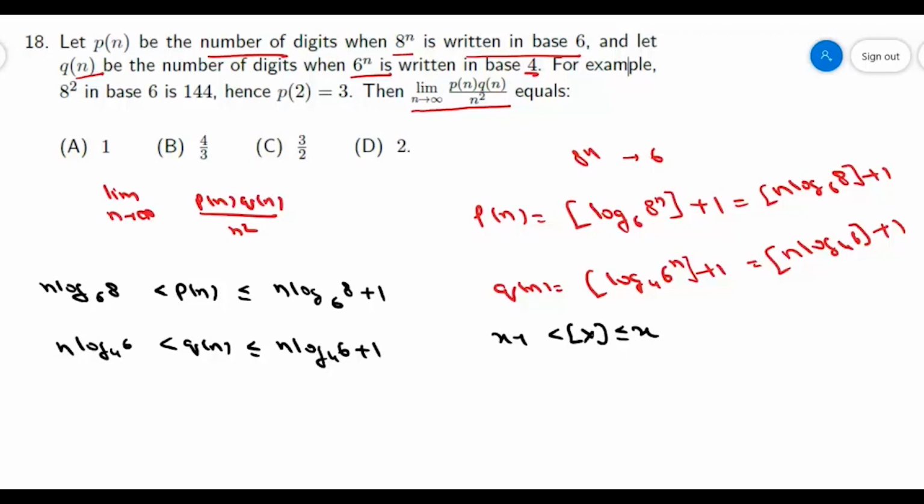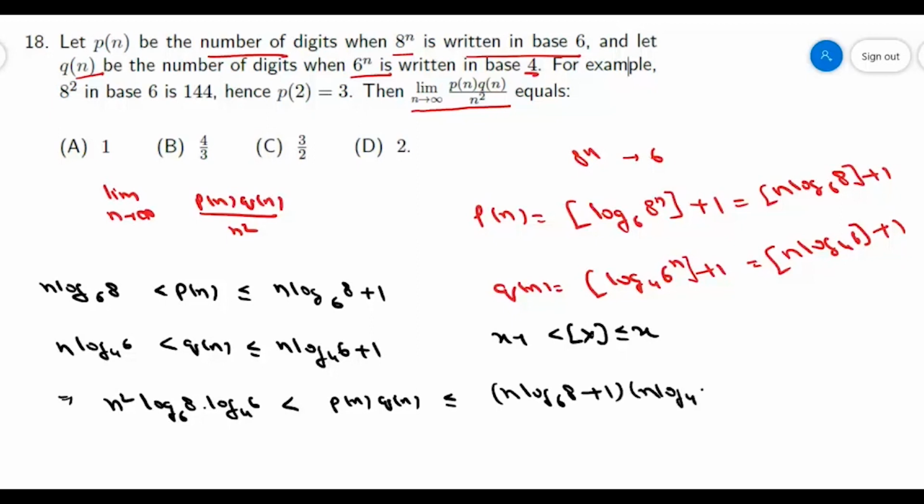Now if we multiply them, then we can write it as n square log 8 base 6 into log 6 base 4 is less than Pn into Qn, and it is less than n log 8 base 6 plus 1 into n log 6 base 4 plus 1.